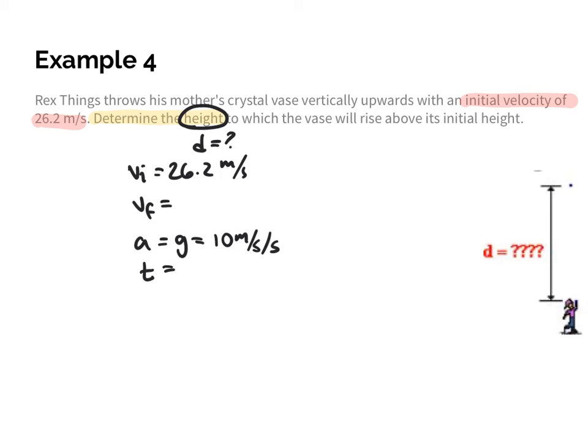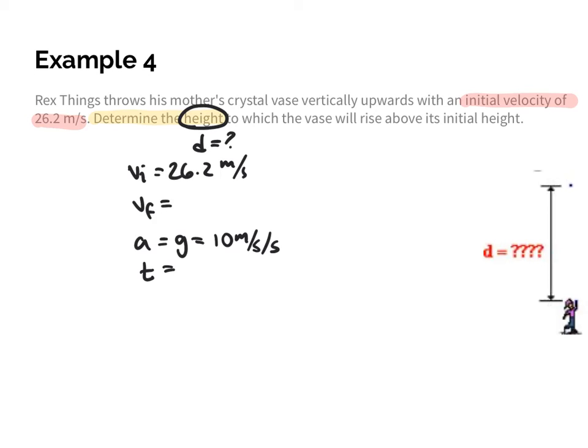So I know it's going to accelerate at that rate of 10 meters per second each second. Now, here's the tricky thing, and it's something we can think about in terms of the general idea of free fall motion: how do I know the final velocity and the time?